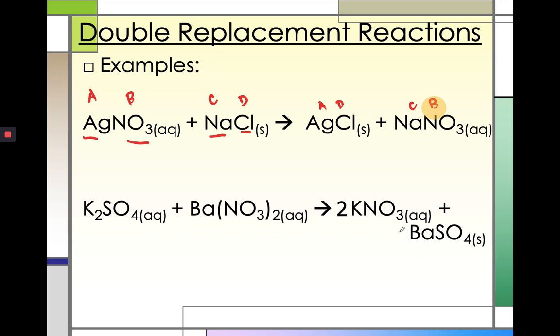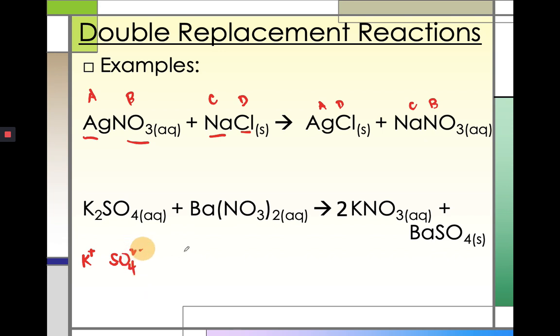And then how do we actually predict the different products? Take note, we just write their ionic forms. So potassium sulfate is coming from K plus and SO4 2 minus.